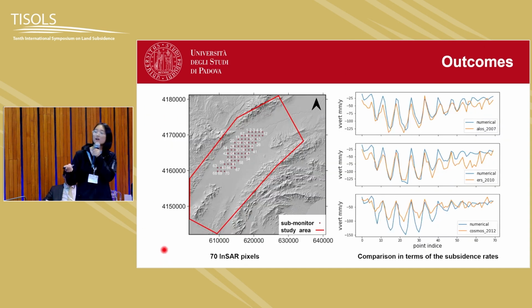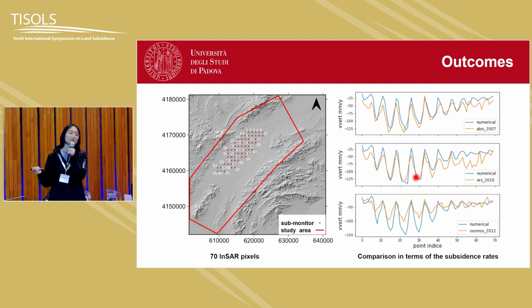For the quantitative analysis, we also choose 70 pixels from SAR images. The subsidence rates of these points are characterized by 3 different InSAR data sets, which work in different time series too. So we compare them to the corresponding numerical results respectively.